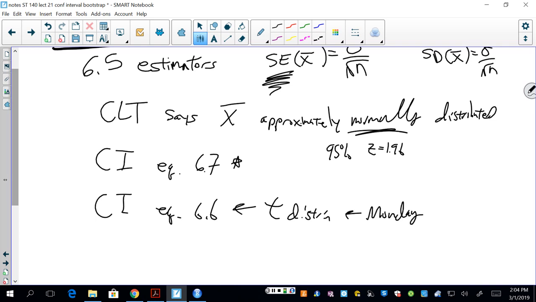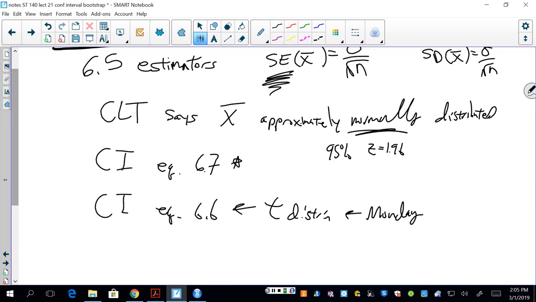The idea of this other one, the t-distribution, is that we really don't know the standard deviation. We really do estimate it from the data. Because you estimate it from the data, there's a little bit of extra variability, so we tweak the interval a little bit to make it 95%, so it still covers 95%.